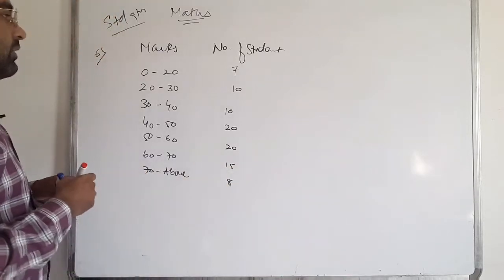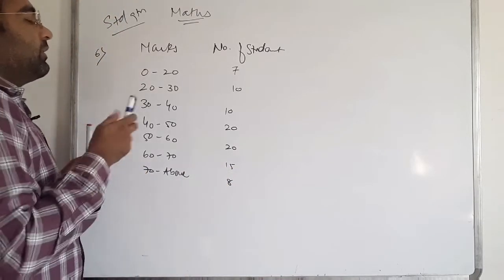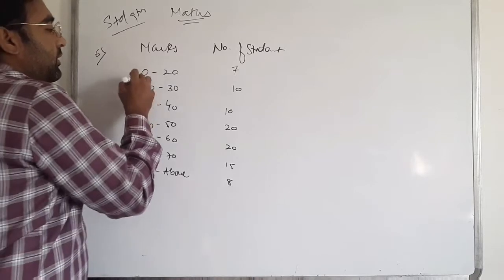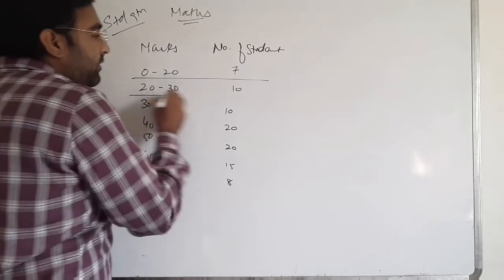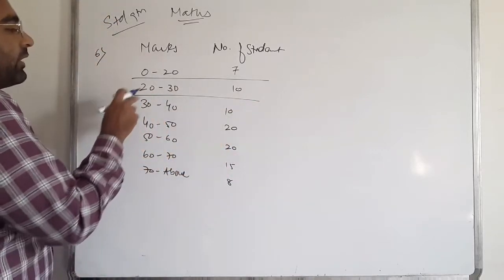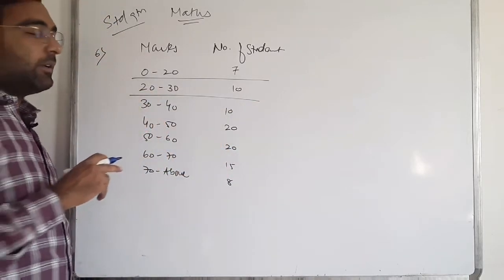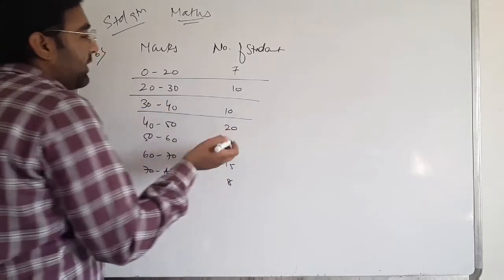Here the number of students is 7; they got 20 marks or less. 10 students got marks between 20 and 30.